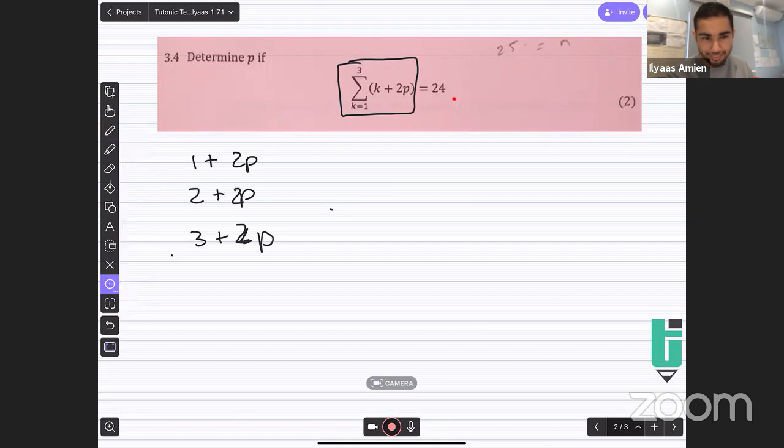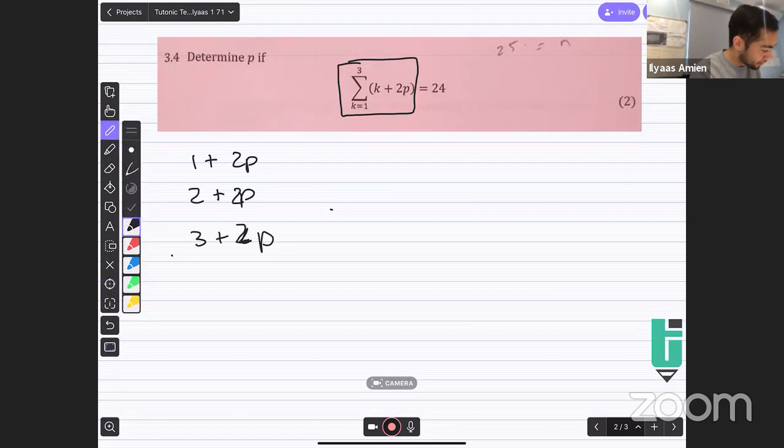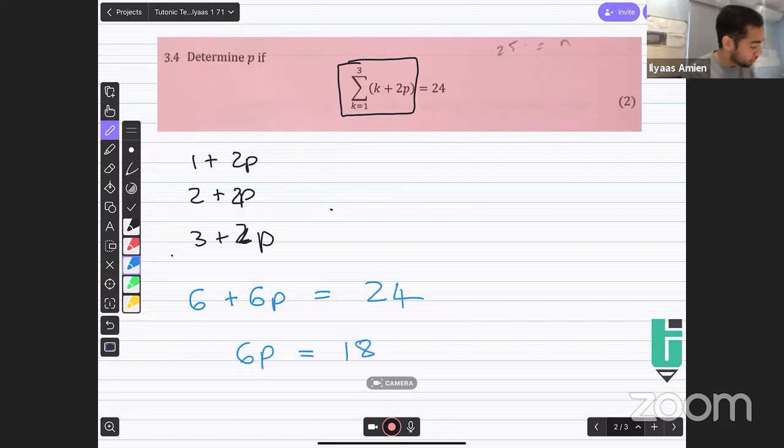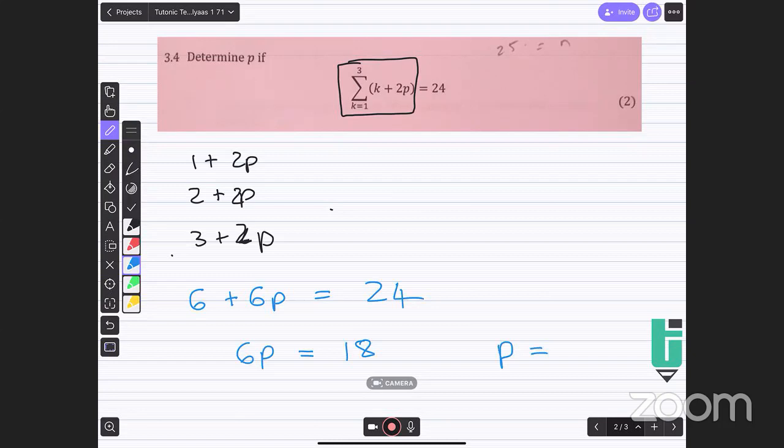Oh. What's 1 plus 2 plus 3? 6. So 6 plus 6p equals 24. 6p equals 18. P equals? Three.